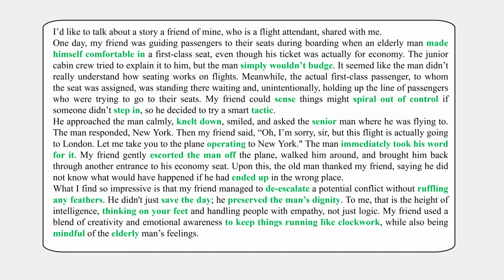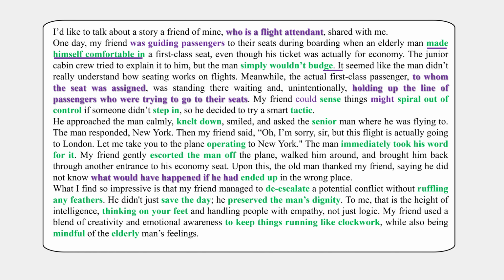Now let's look at the variety of grammatical structures. The story is situated in the past. That's why we have to use a variety of past grammatical structures. And there are also other things like relative clauses. These are actually music to the examiner's ears.